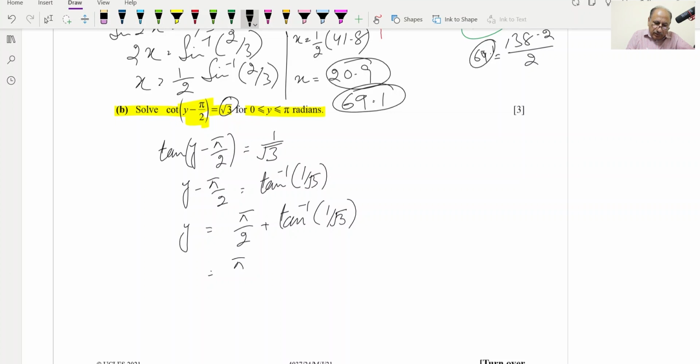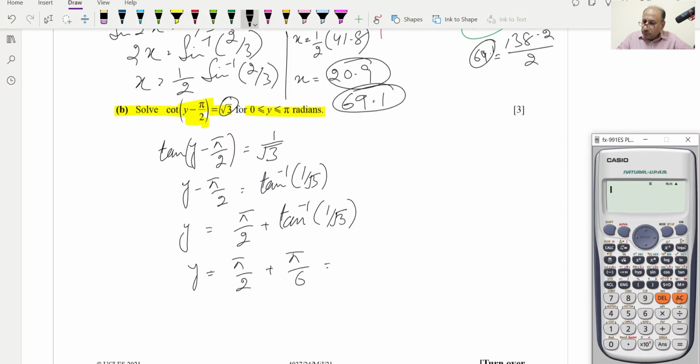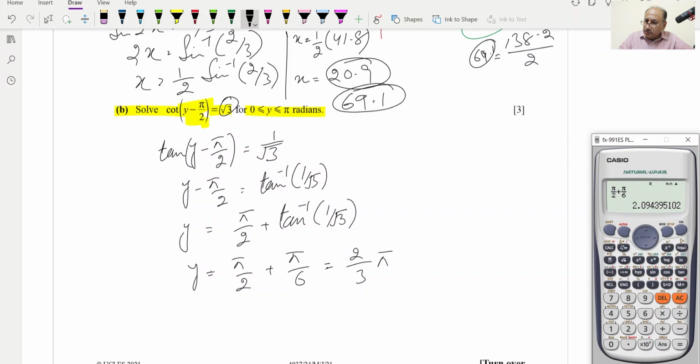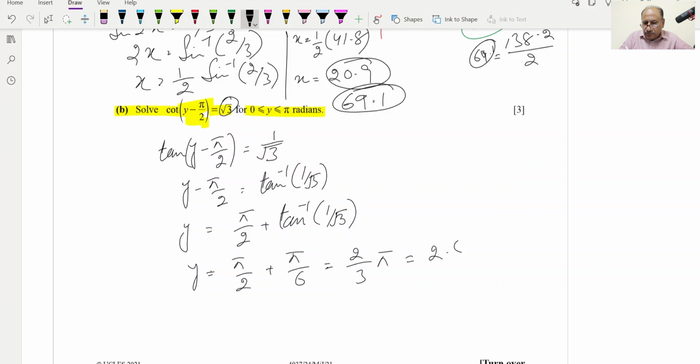So this will be pi by 2 plus pi by 6, and this is equal to 2 by 3 pi, 2 over 3 pi. The decimal value we can also check, which is 2.094, 2.09. I'm giving it up to this, or you can provide 4 decimal places also.